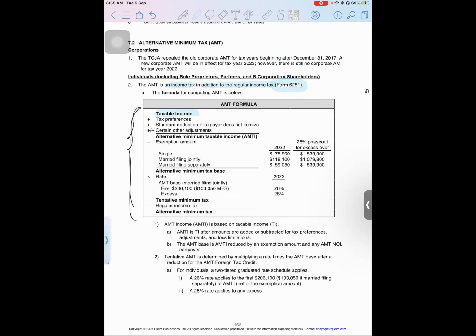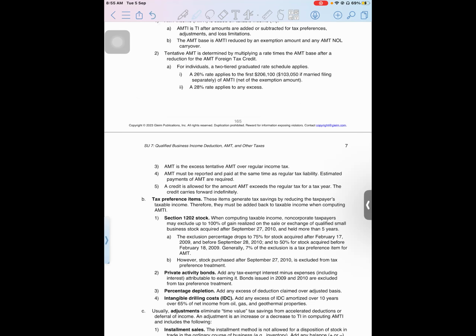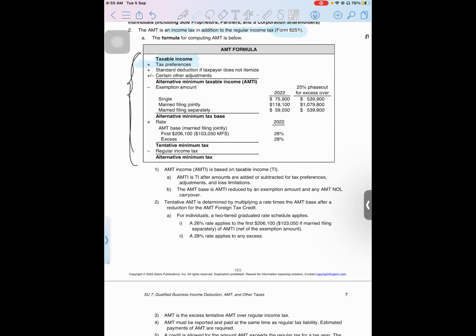I'll add tax preference items. Okay, the list of tax preference items will be given over here. I'll add these tax preference items to my taxable income. I'll add the standard deduction. As I mentioned, this taxable income is after reducing all your adjustments and everything, so I'll add back the standard deduction if the taxpayer has not taken the itemized deduction.